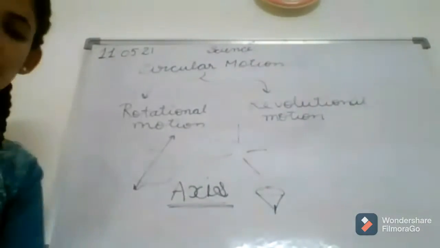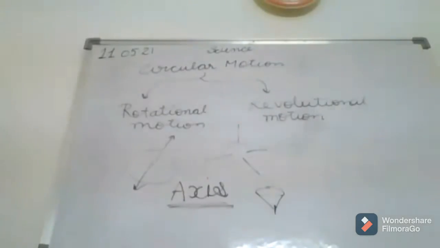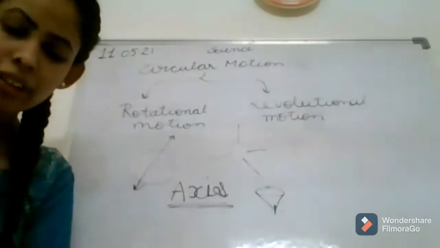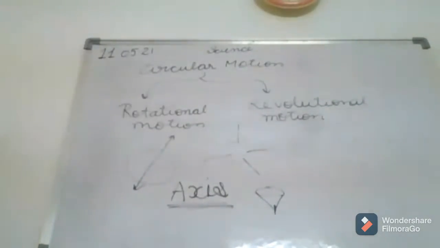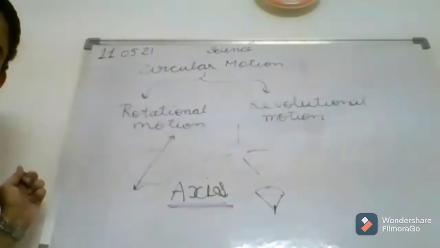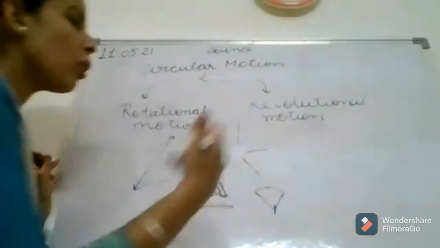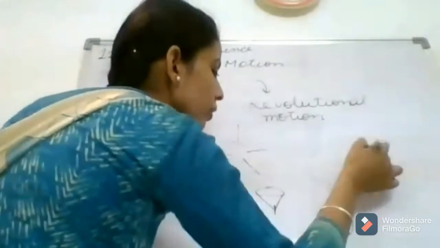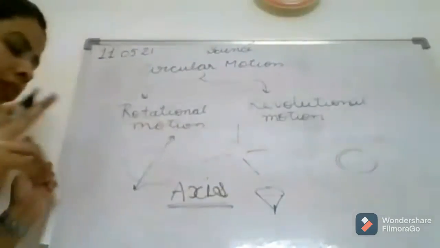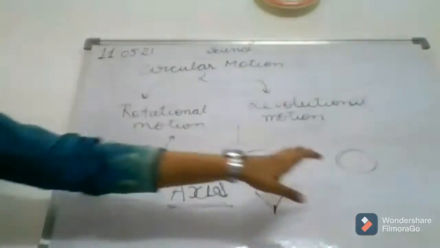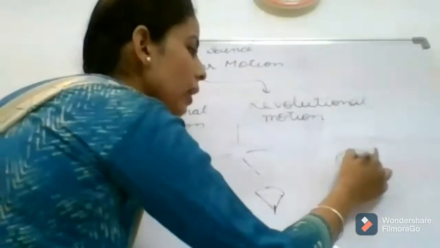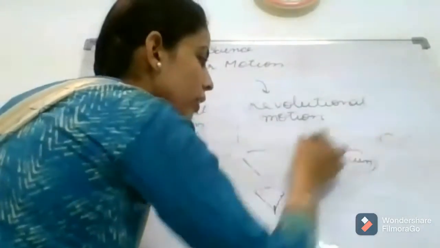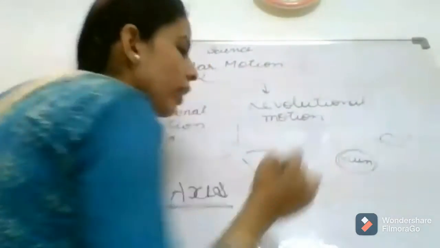Next, we will talk about revolution. Hitesh and Nishka, I will take an example of revolution from you. Just understand the concept. What is revolution? When an object is moving around a whole, for example, the sun, and planets are revolving around it.